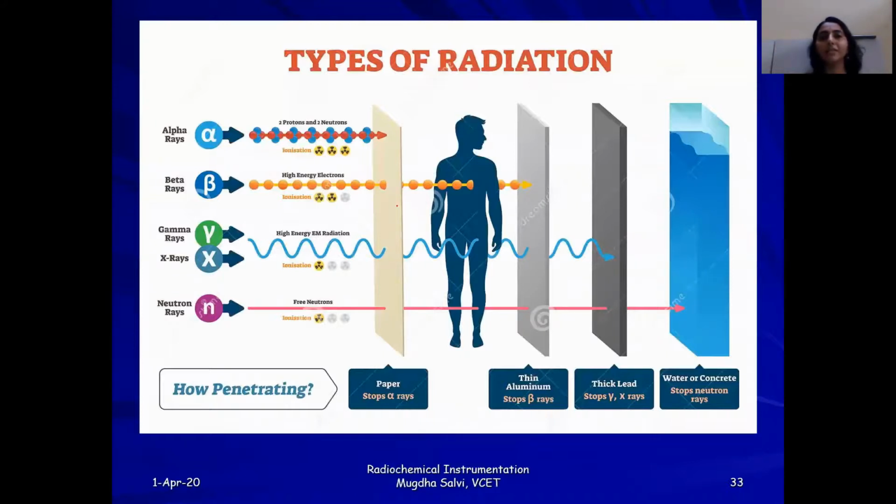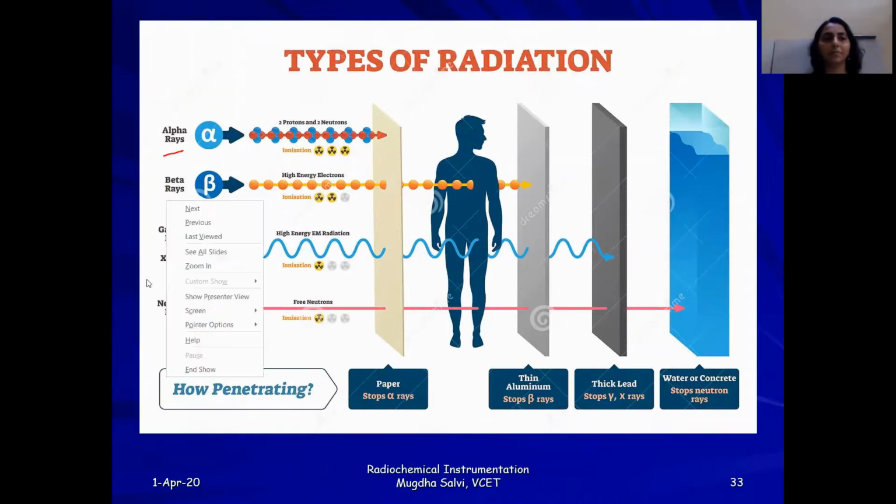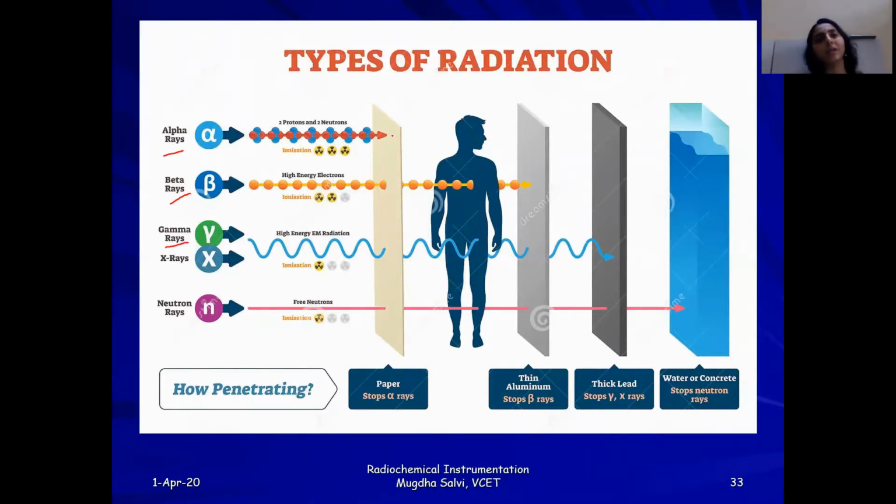I had discussed penetration power. Here we can see that if I have alpha, beta and gamma radiations, the alpha particles will be stopped by paper itself. That means they will be absorbed by paper.